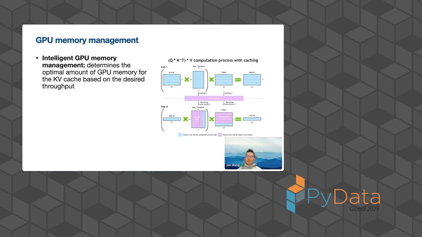So if you want to run the three models on a single GPU, you have to figure out the GPU memory allocation so that during the inference there won't be an out of memory error. And this is handled by Xinference.